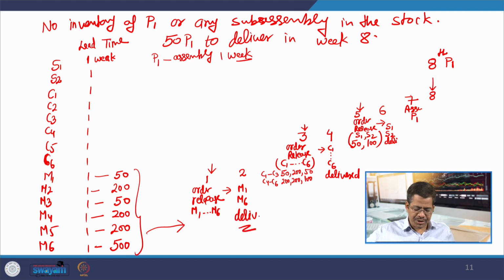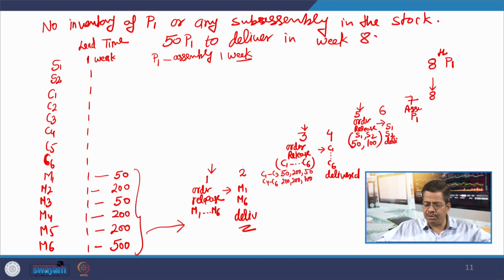So, in this sequential manner, when I am releasing the order for M1 to M6 in period 1, then M1 to M6 are delivered in period 2, and then the order for C1 to C6 is placed in period 3, so that C1 to C6 are delivered in period 4.